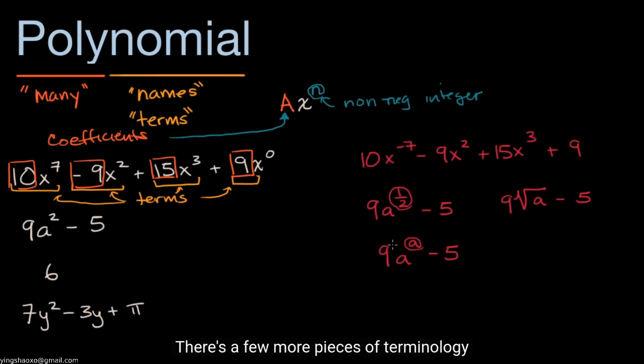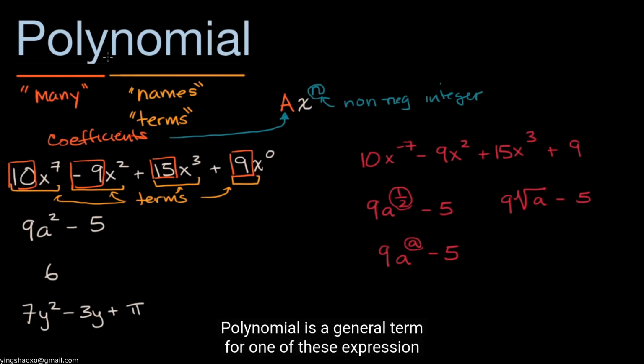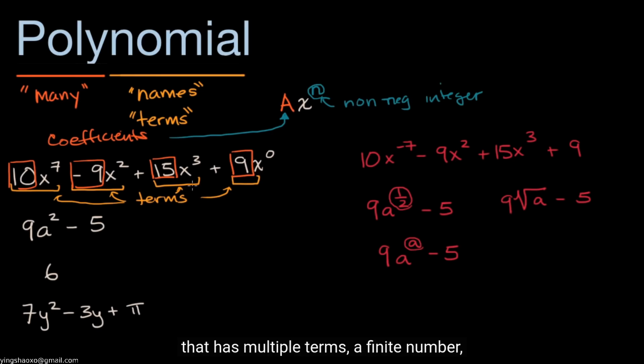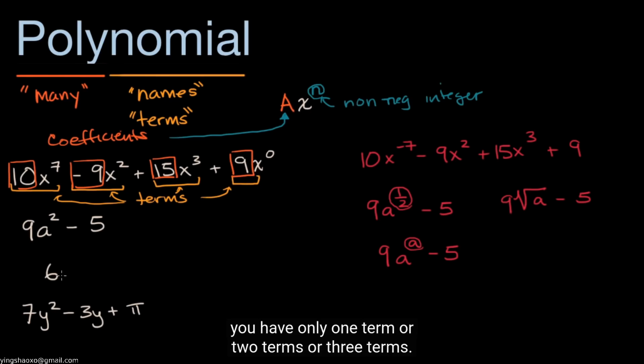So there's a few more pieces of terminology that are valuable to know. Polynomial is a general term for one of these expressions that has multiple terms, a finite number, so not an infinite number, and each of the terms has this form. But there's more specific terms for when you have only one term, or two terms, or three terms.